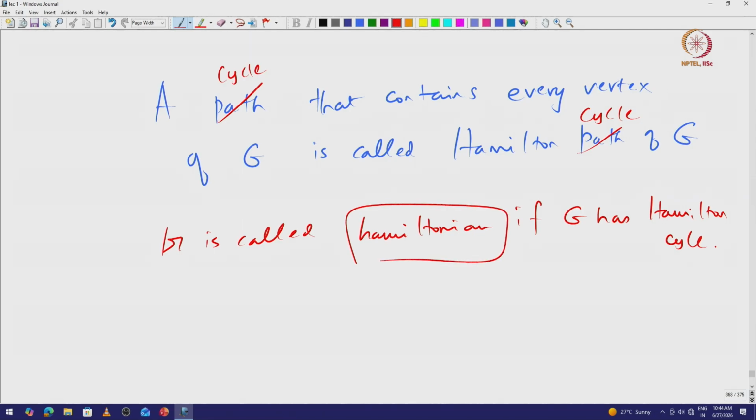This is also related to a game called the Icosian game. Maybe I will leave it to you to Google it and read about it more.